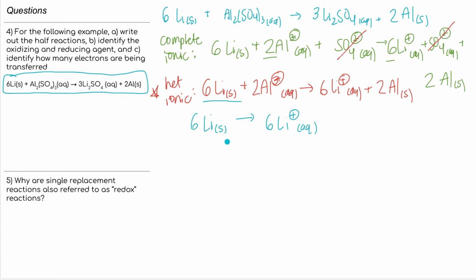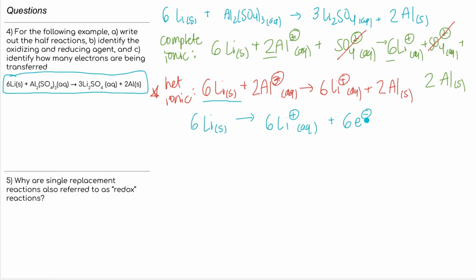Because don't forget, a solid metal has a neutral charge. It has a 0 charge. But if we have 6 lithium ions, if each ion has a +1 charge and we have 6 of them, we technically have a net charge of 6+ on the right side. So if we want to balance out the charges, watch what I'm going to do. I'm going to show that there needs to be 6 electrons.